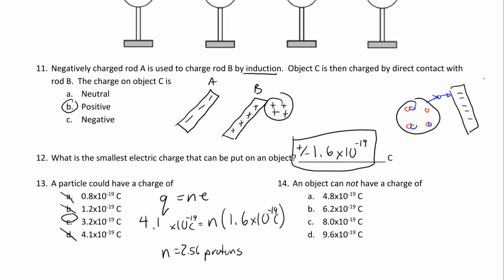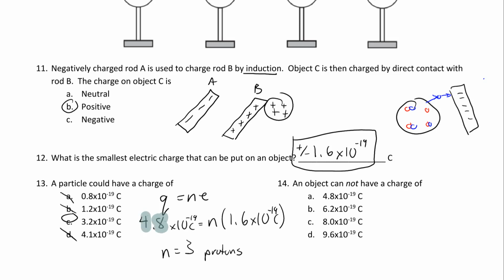So we're looking for the decimal number, because it cannot have that charge if it's a decimal. So let's do 4.8 divided by 1.6, and you get exactly 3 protons, so that's good.